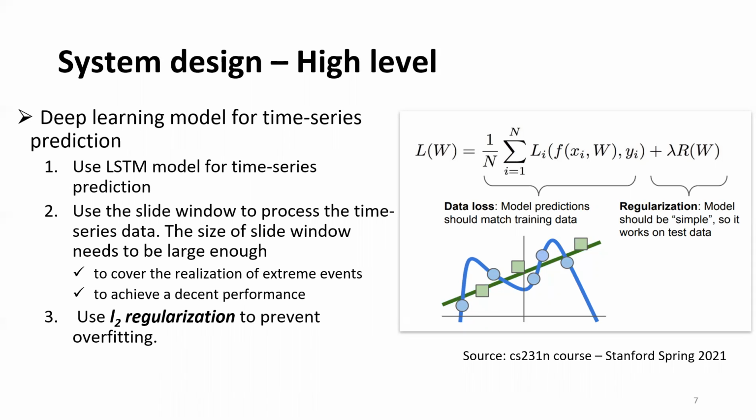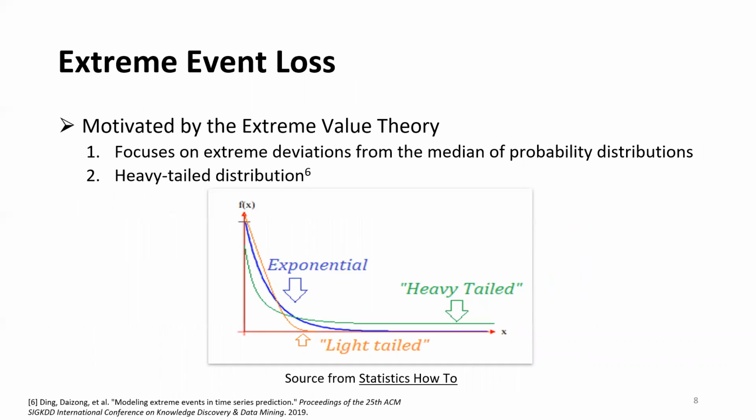And we use L2 regularization to help reduce overfitting, especially for the extreme event sampling method. In order to model the extreme events, our work is motivated by extreme value theory. It focuses on the extreme deviation from the median of probability distributions, and it uses heavy-tailed distributions.